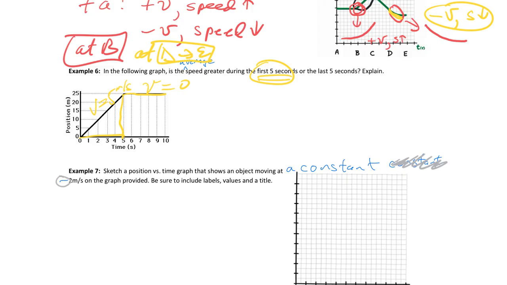You're not going to have to sketch graphs, but you'll have to identify them. So I want a d versus t graph. I'll make this meters and I'll make this seconds.